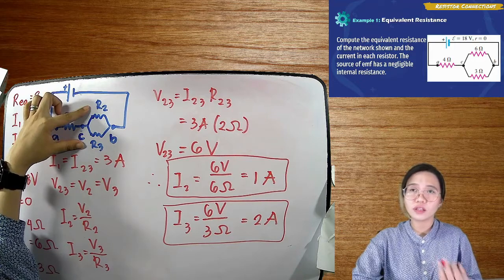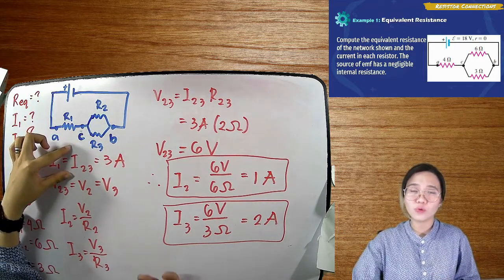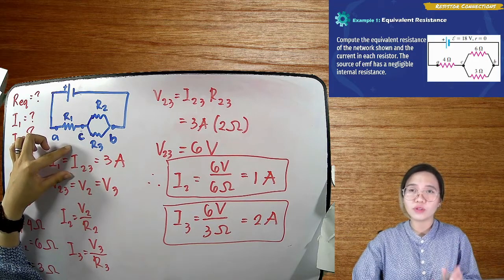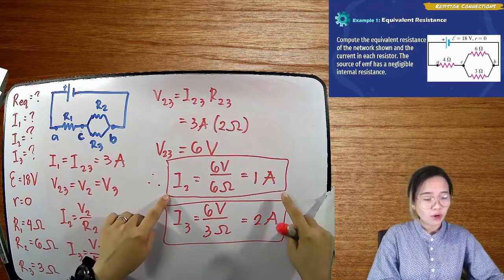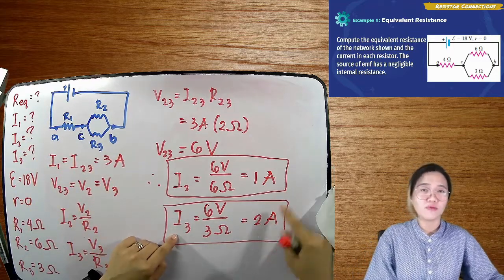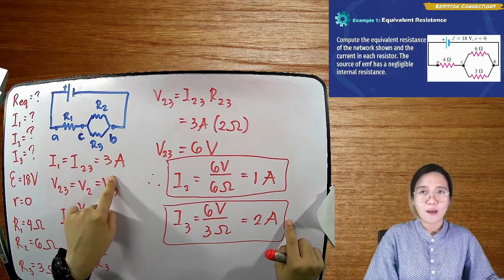Meaning if you add your I2 and your I3, it must be equal to 3 amperes. So let us check. I2 is 1 ampere, I3 is 2 amperes. If you add those two currents, then you will have 3 amperes.